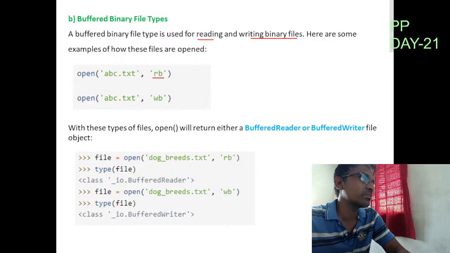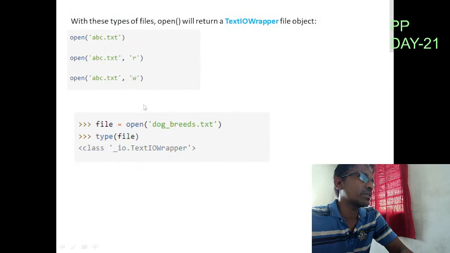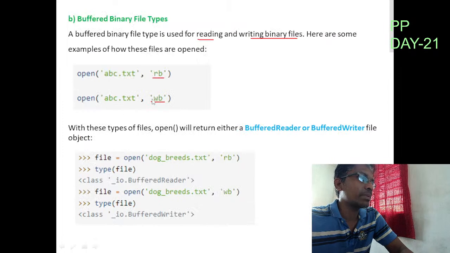In this example, I am going to read the binary file abc.txt, and open abc.txt with wb means I am going to write to a binary file. In the previous example we performed read and write on text files, which is why the type was TextIOWrapper. Now we perform read and write operations on binary files.